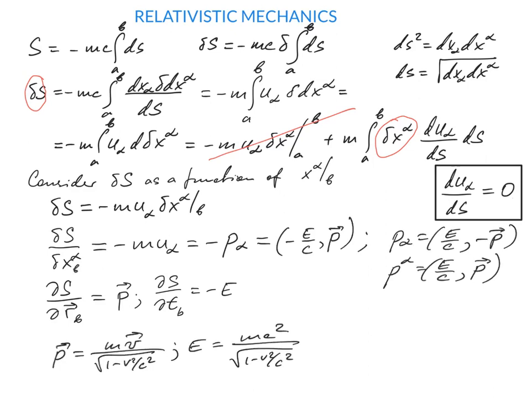Now, if we insert this into this expression, we would find the 4-vector that looks like mc over the square root, and the space-like component is mv over the square root.